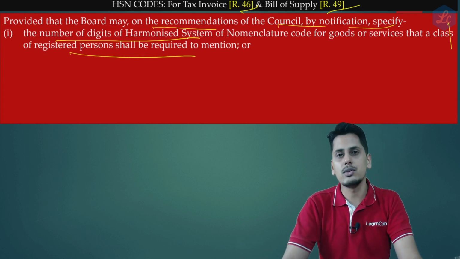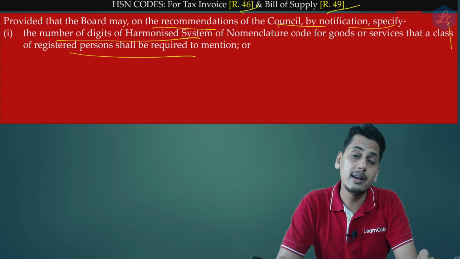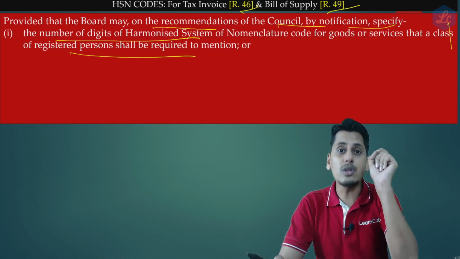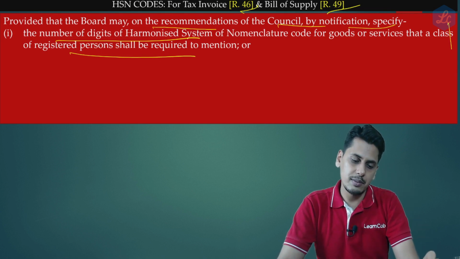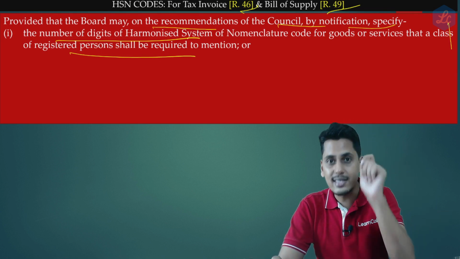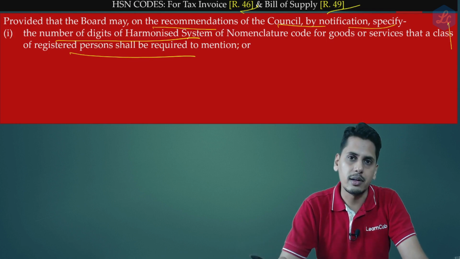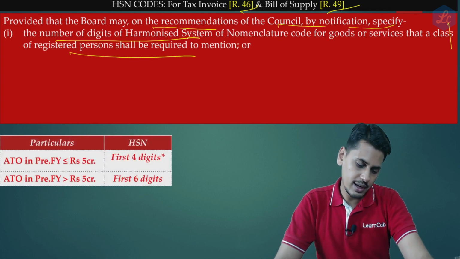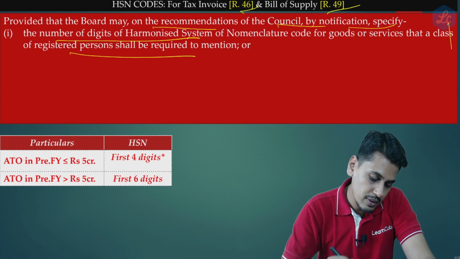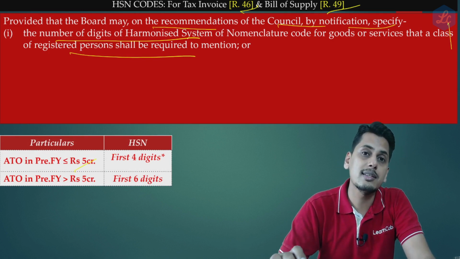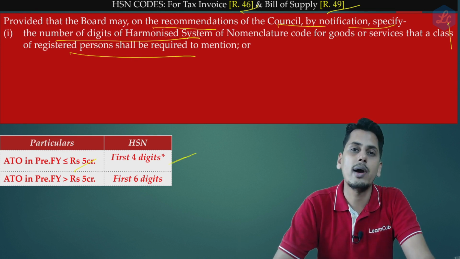Now there are provisos which state that the board is empowered to issue a notification wherein it can specify a class of registered person and the number of HSN digits which these persons are required to mention on the document. So friends, the notification has come under this. Here it tells that if the ATO in the preceding financial year is up to 5 crores, then the first 4 digits are required to be mentioned.